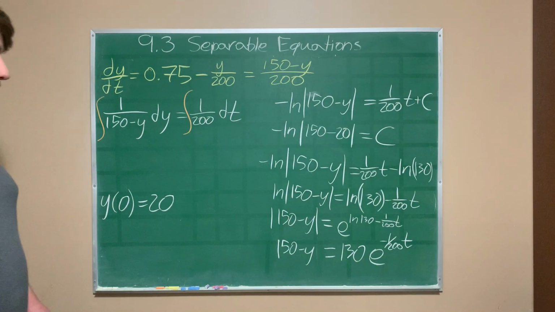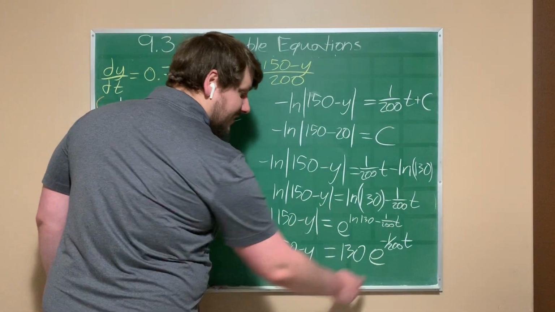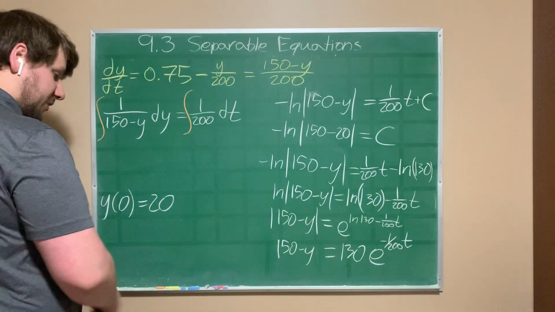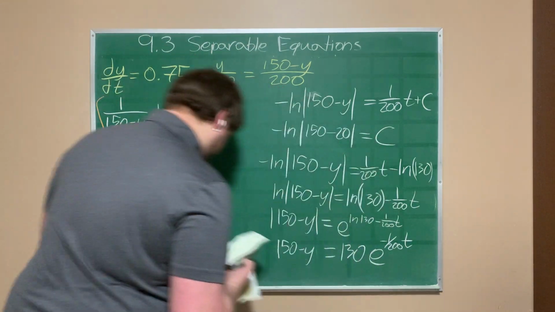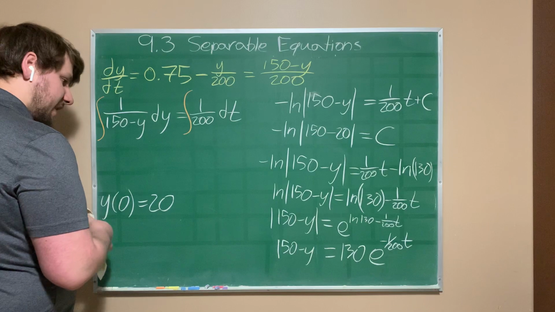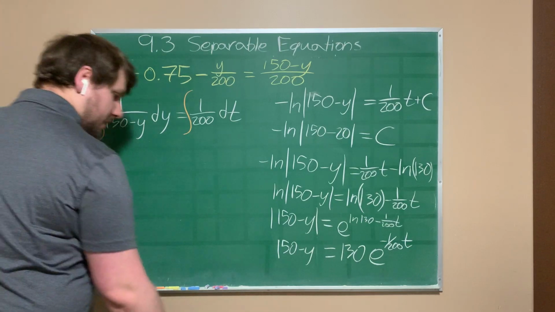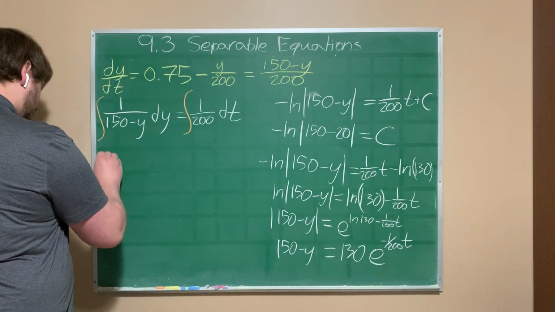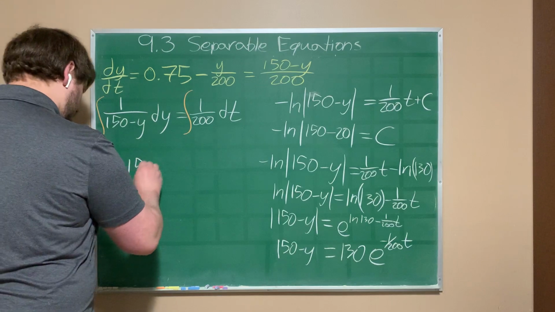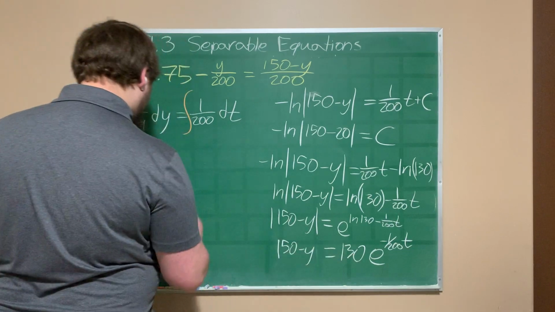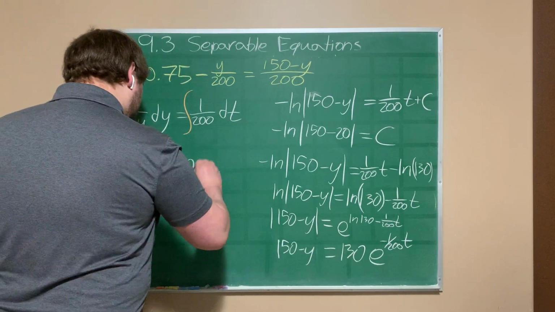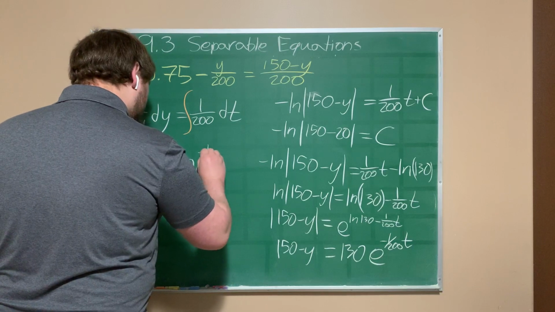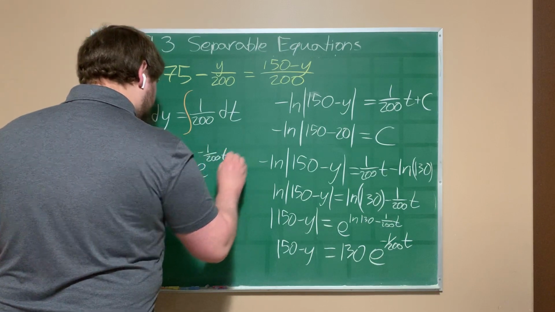So now I can solve for y by adding y to both sides and subtracting this exponential expression here. We are going to get that y is equal to 150 minus this exponential expression, 130 times e to the negative 1 over 200 t.